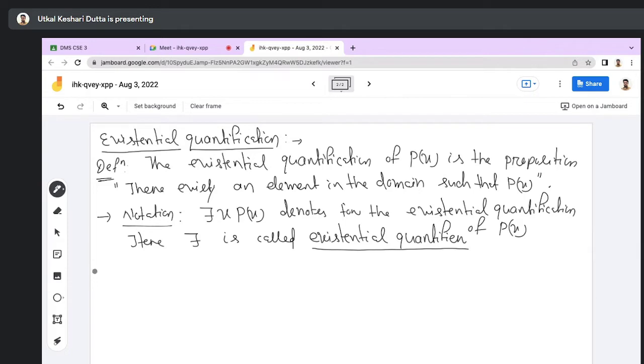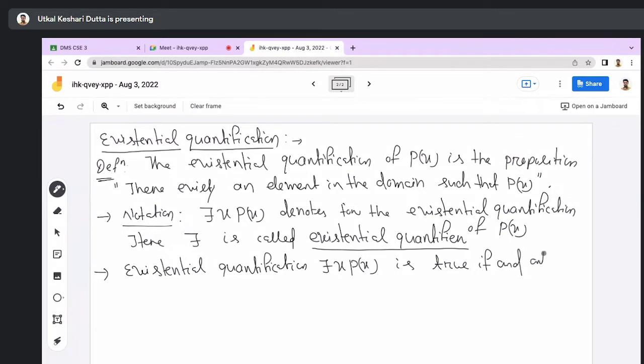Okay. Then we'll see when this will be true and when this will be false. The existential quantification, that is the standard notation there exists x P of x, will be true if and only if... Then tell me when it will be true. What is x? X is an element in the domain.